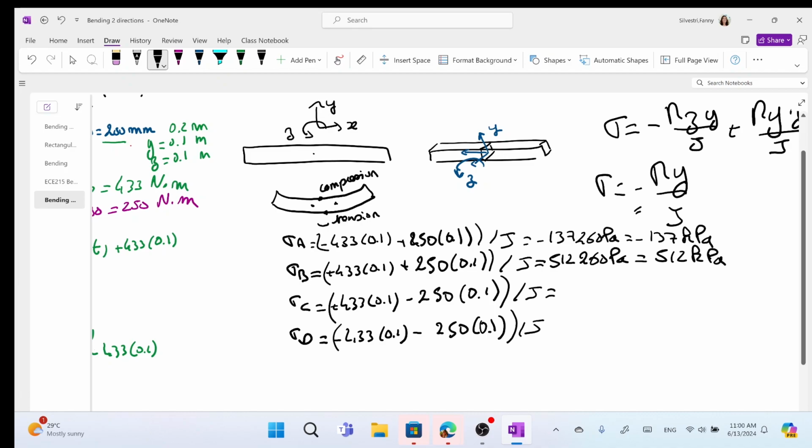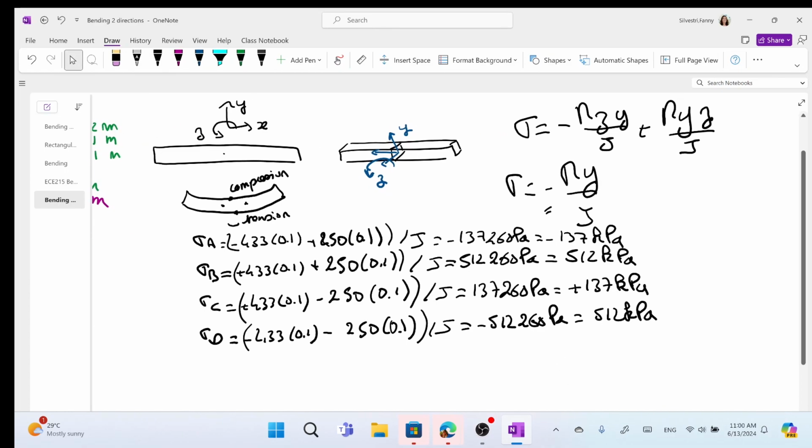This one will be the 137,260 Pascal equal plus 137 kilopascal. And this one will be minus 512,260 Pascal, that is 512 kilopascal. So overall, the point A is in compression, the point B is in tension, the point C is in tension, and the point D, okay, I'm missing a minus there, is in compression.